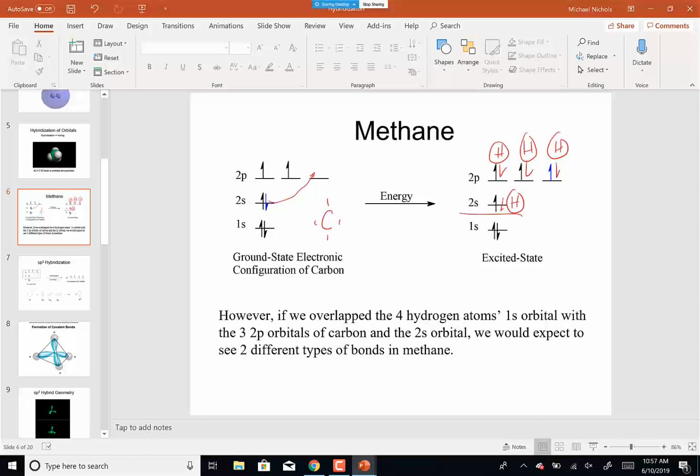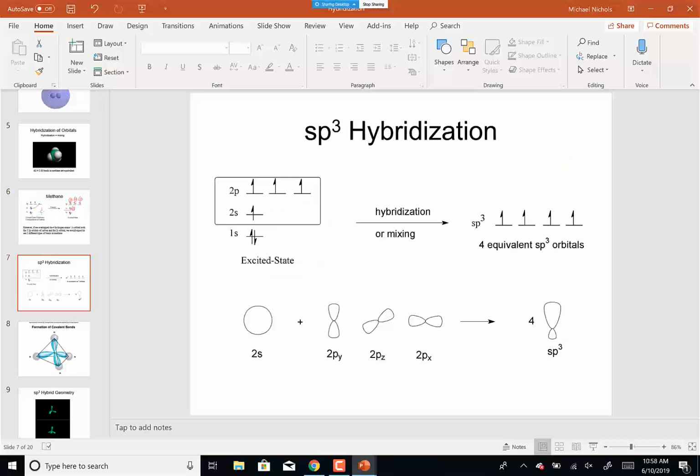So if you're working on solving this problem, then the next thing you do is be creative and say, how about I mix the S and the P's all together and make 4 identical orbitals? 4 hybrid orbitals, right? Just like we made resonance hybrids, now let's make hybrid orbitals. So if we mix the 2s and the 2p orbitals, and I'm mixing the orbitals, no electrons yet, I'm going to end up with 4 sp3 hybrid orbitals.